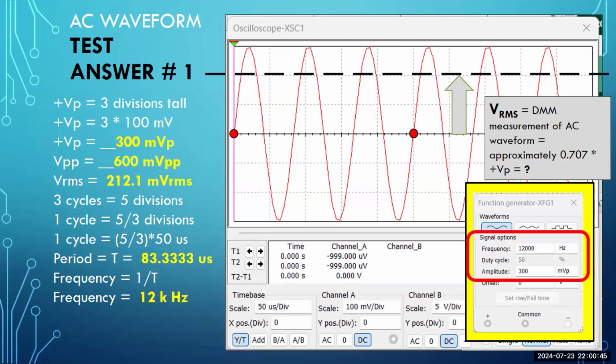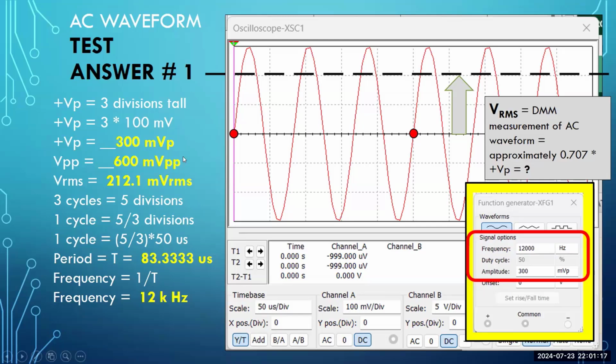That dashed line that we see is simply a hint at where the portion of VRMS ought to be from the V peak. So we calculate that, as I've said earlier, that is simply 0.707, roughly 70.7% of the peak, which in this case, if you do the calculation, should work out to be 212.1 millivolts RMS.